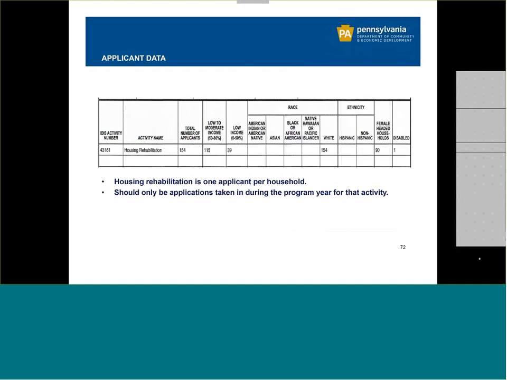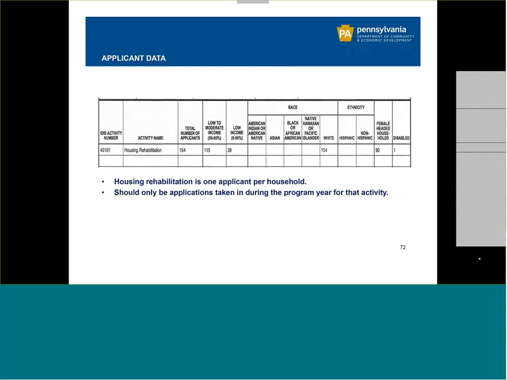Here is another example for housing rehabilitation, and I want to emphasize that housing rehabilitation is by unit, so it would be one per household. Not really sure here that you actually had 154 applicants. If you did, you have a lot of them.